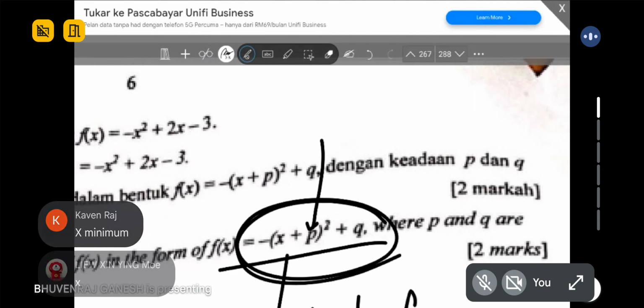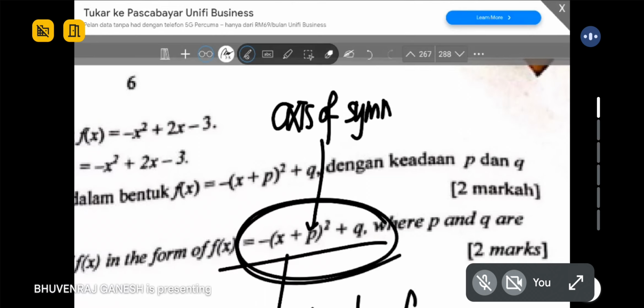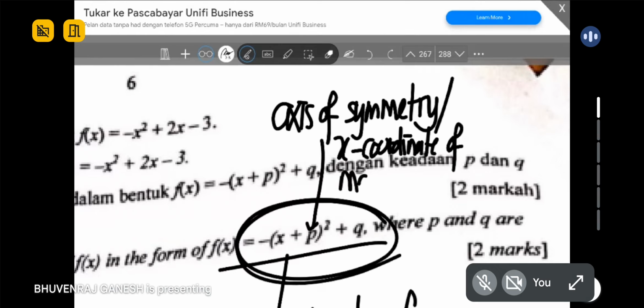Apa nilai p? Yes. Okay, remember guys, p value is your axis of symmetry. Or you can say x coordinate of maximum point. In this case, is maximum. Okay, coordinate x bagi titik maximum. Okay, and then this one, the q guys, what does q represent?